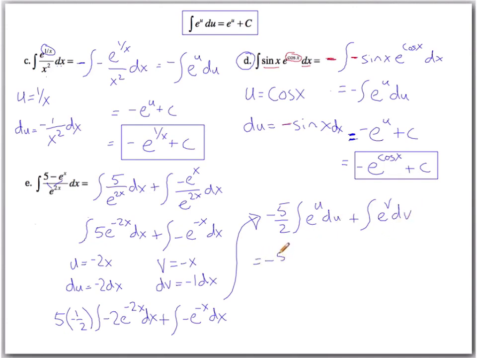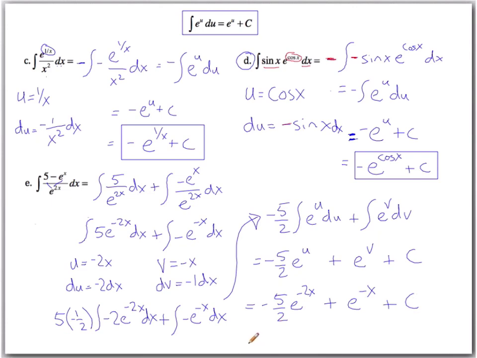So it's negative 5/2 e to the u plus e to the v plus c. And let's back substitute. So we have negative 5 halves e to the negative 2x, okay, because u was negative 2x, and then plus e to the v, and v is negative x, and then plus c.